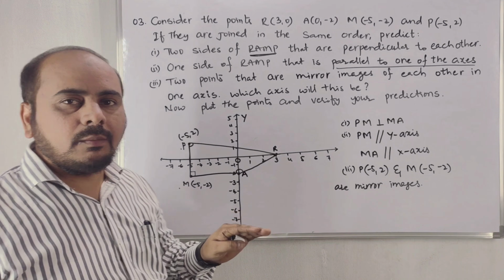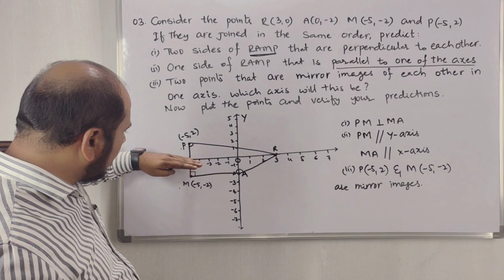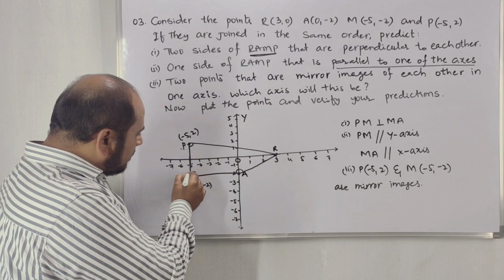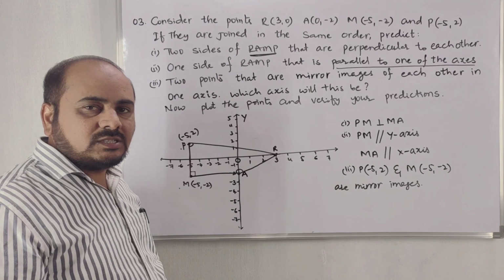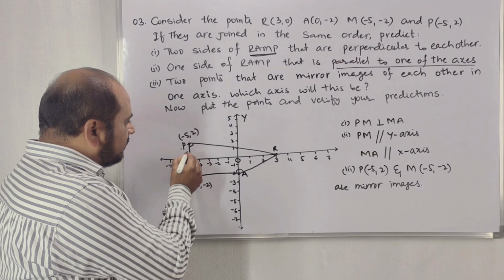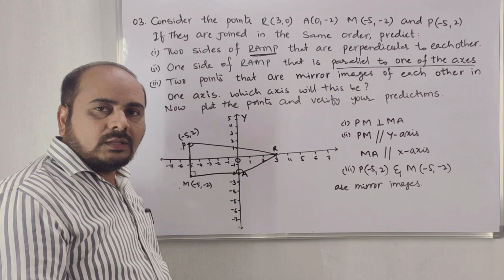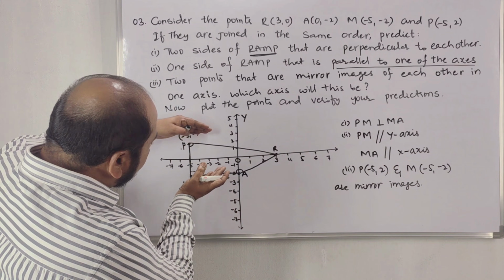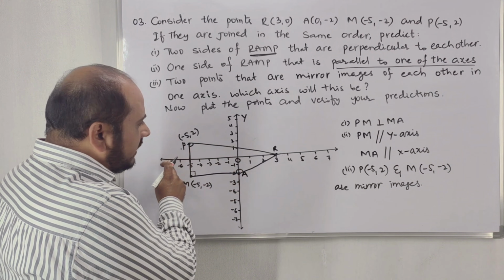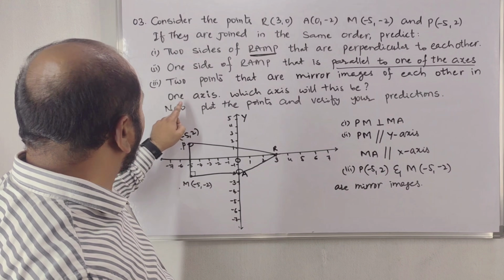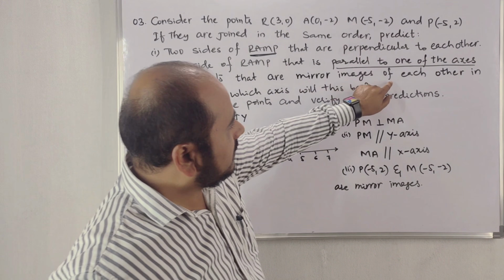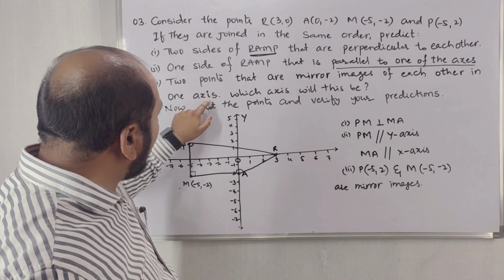These two are mirror images, my dear. Mirror image is nothing but, if you take a mirror, the object and image distance will be the same. See here, 2 and -2, the same distance will be there. Otherwise, you fold this graph paper along the x-axis. Here, one more question he raised: mirror images of each other in one axis.